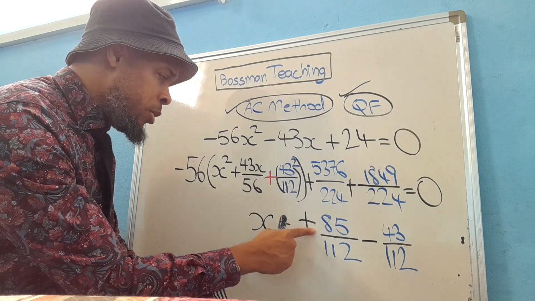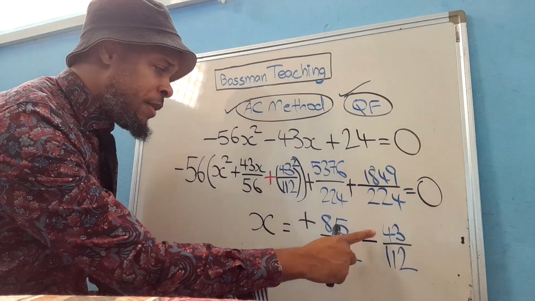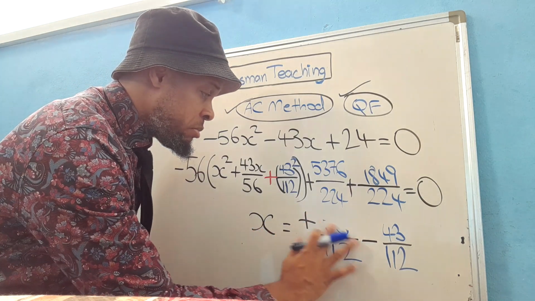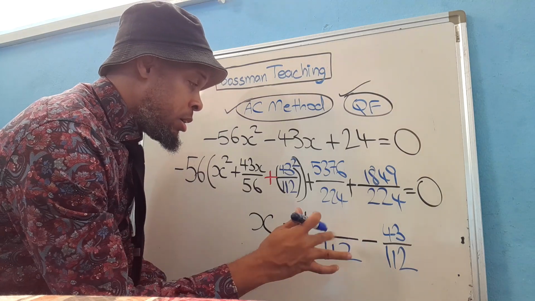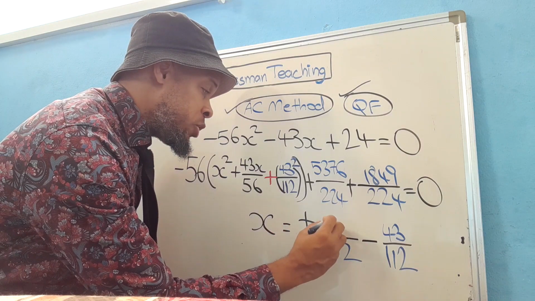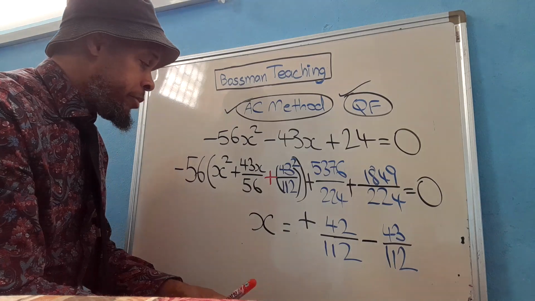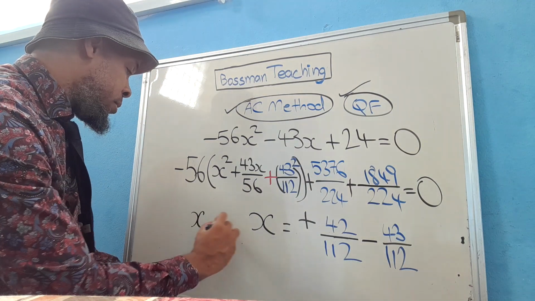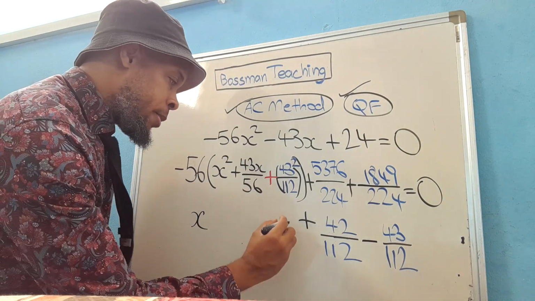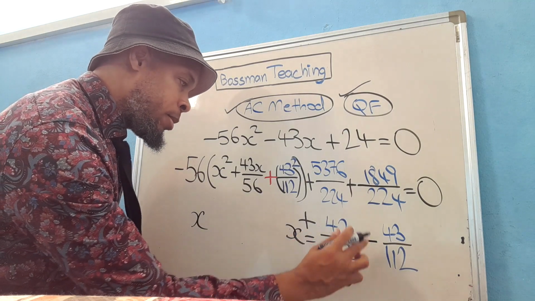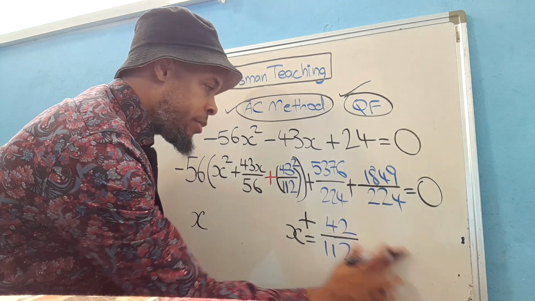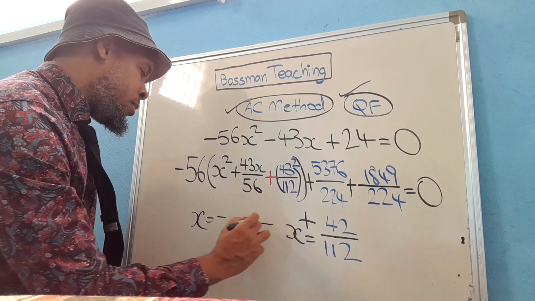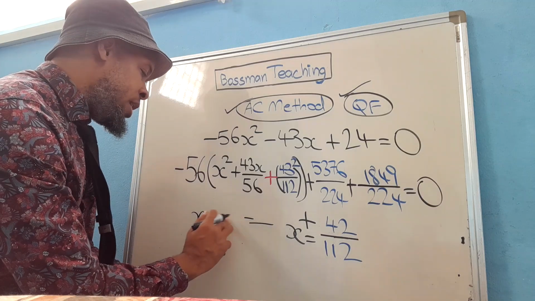Yeah. So we can do this. 85 minus that gives you a positive 42 over that. Yeah? And then on this side, now we get what? Make sure it says the right thing I have here.